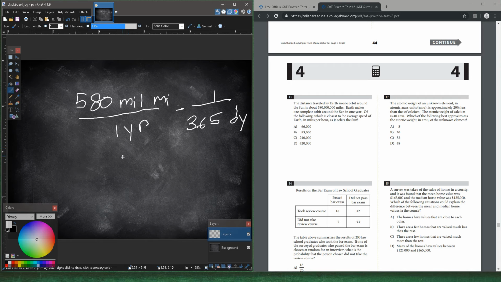So you're looking for miles per hour, so then you divide that number by 24 hours to get the miles per hour. So you've got 580 million divided by 365 days, divided by 24 hours. And you get about 66,000. So the answer is A.